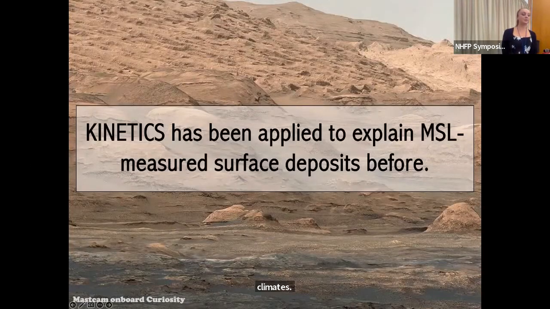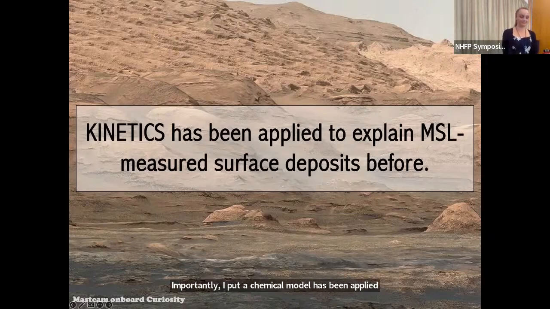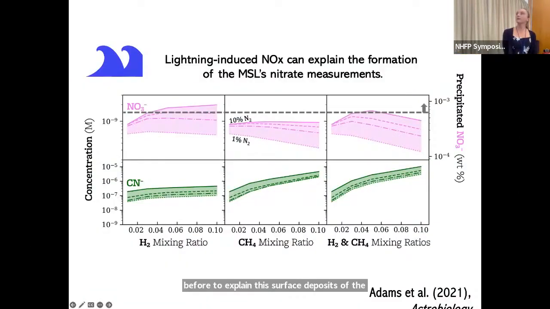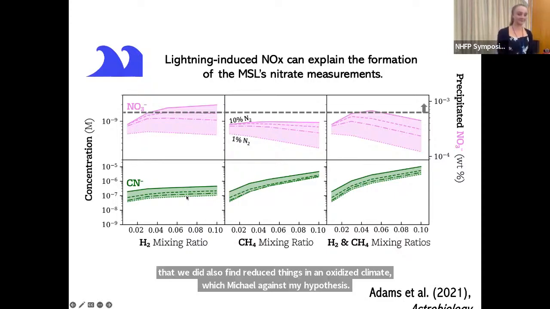Importantly, my photochemical model has been applied before to explain the surface deposits of the nitrates. So this was a work I published a few years ago where we found that the upper amount of nitrate that my model could predict roughly matched the lower limit of the MSL model results, which is this dashed line here. It's important to note that we did also find reduced things in an oxidized climate, which might go against my hypothesis. So there's kind of two things at play here.